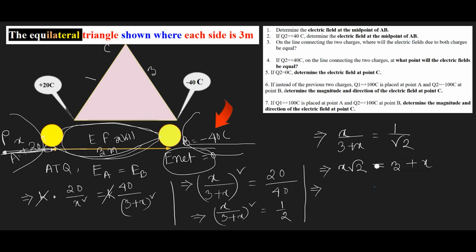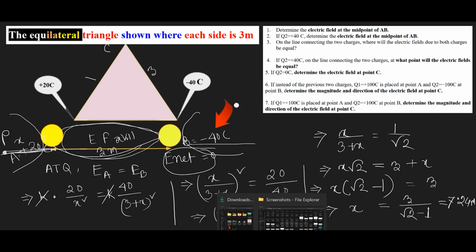So x times square root of 2 minus 1 equals 3, or x equals 3 over root 2 minus 1. If you calculate the problem, we'll get 7.24 meter.